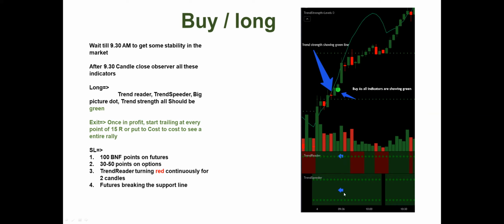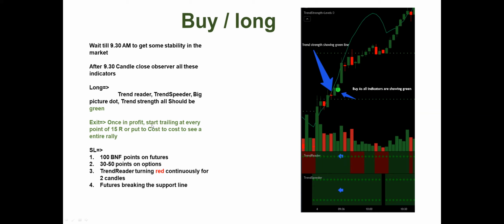Trend Speeder is with high velocity or momentum. And if you see this green line here, that is the Trend Strength indicator, as I explained. So that is also giving confirmation. So this is the right candle, you can get into a long position, right? That is the entry criteria. So that's what I have mentioned on the long.